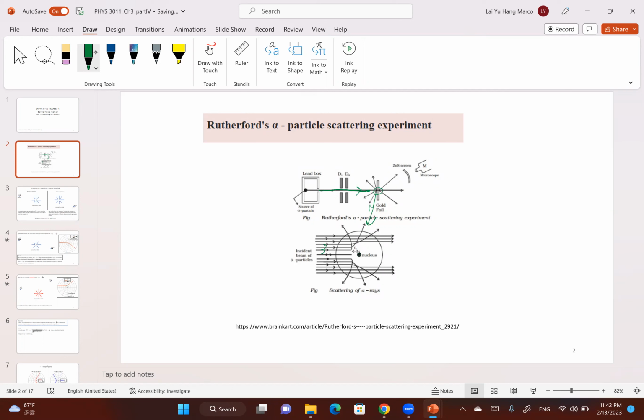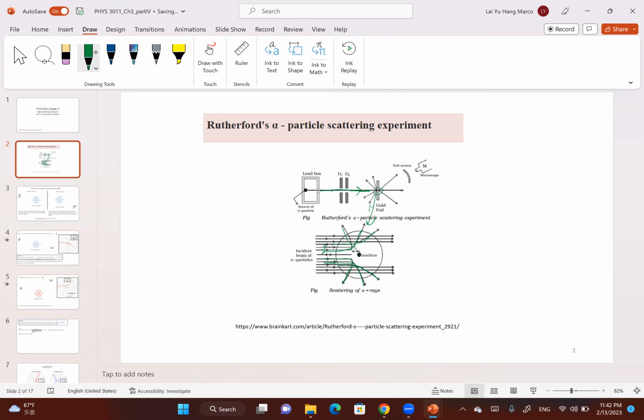You can see that I have many lines representing the incoming alpha particles at different positions. Due to the repulsion, the alpha particles will get deflected like all these lines.